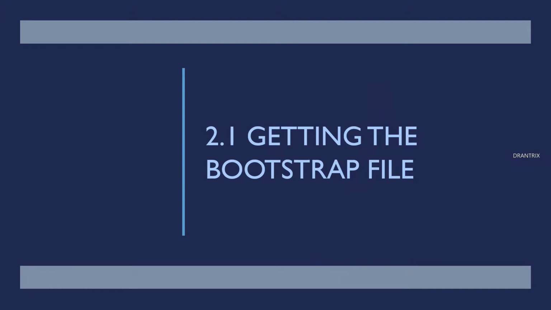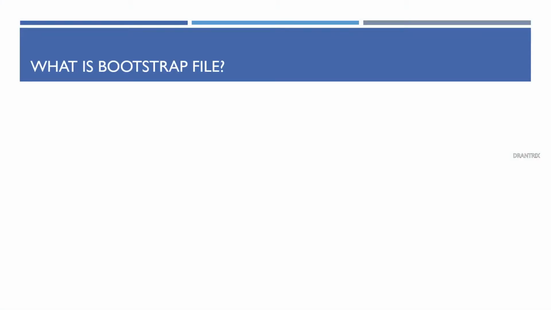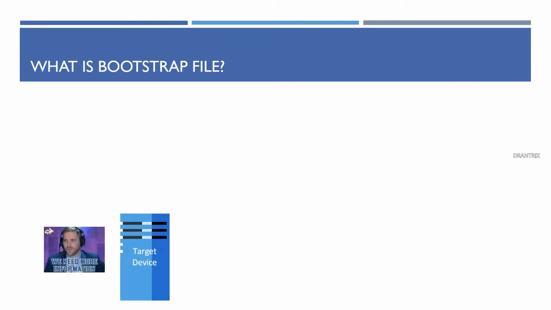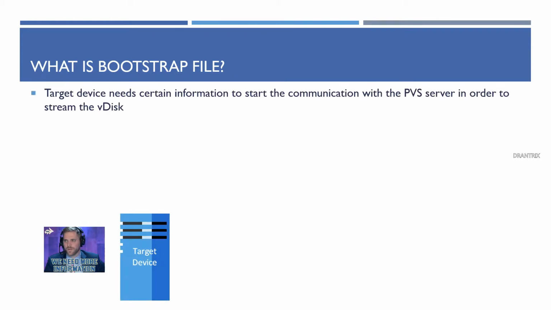And when it comes to the second stage, I have put it in two parts. One is getting the Bootstrap file and the second is downloading the Bootstrap file. Before we go into that further, let's talk about what the Bootstrap file is in the first place. The target device needs certain information to start the communication with the PVS server in order to stream the vDisk.